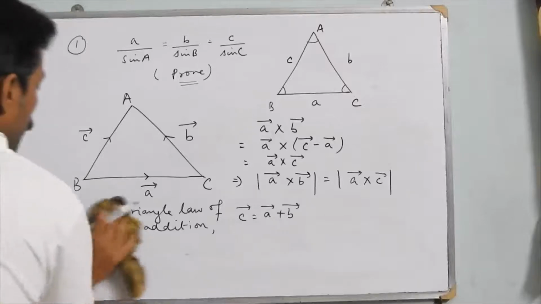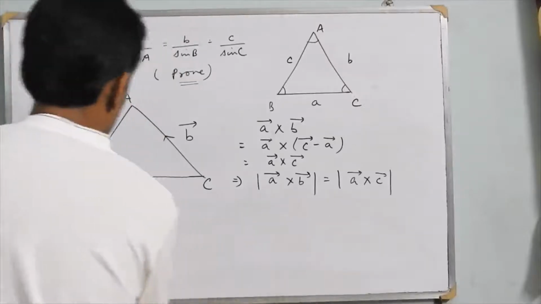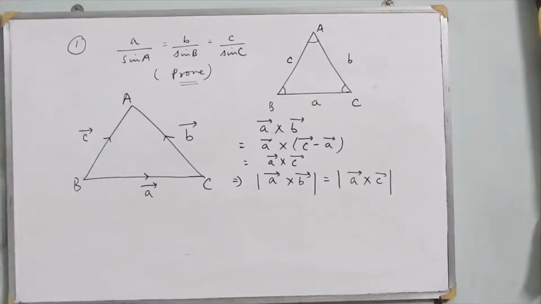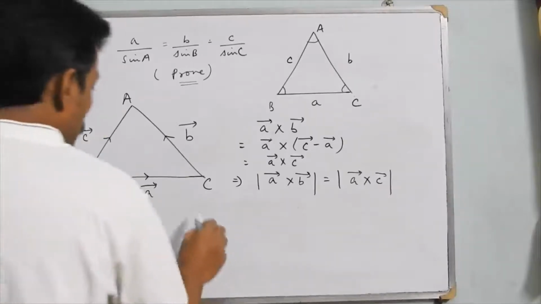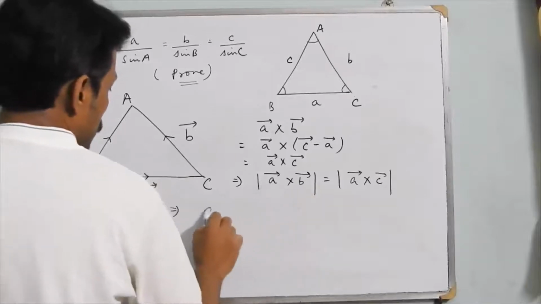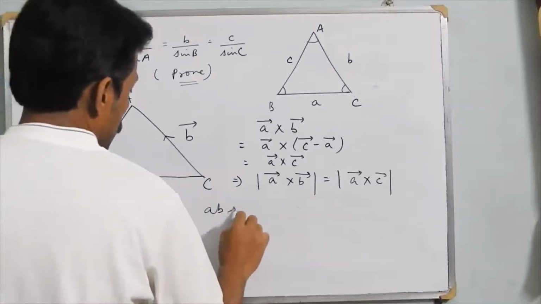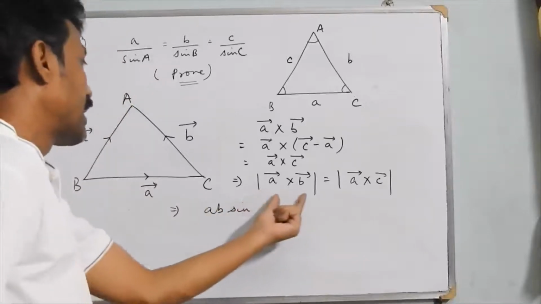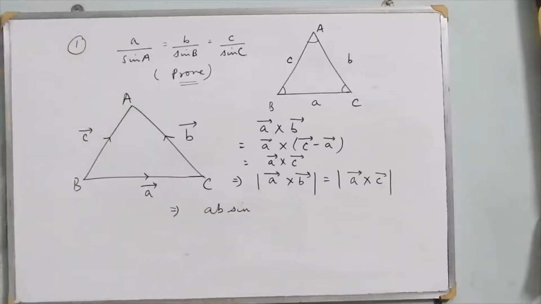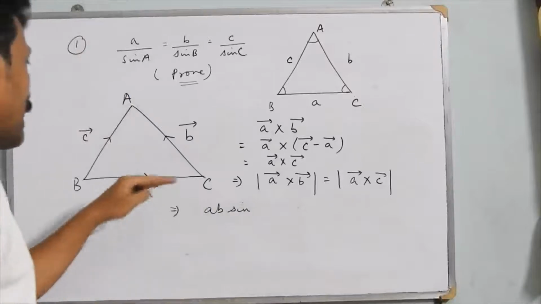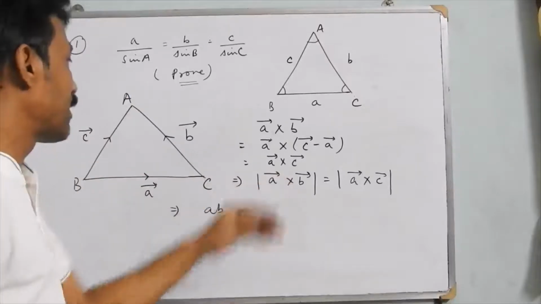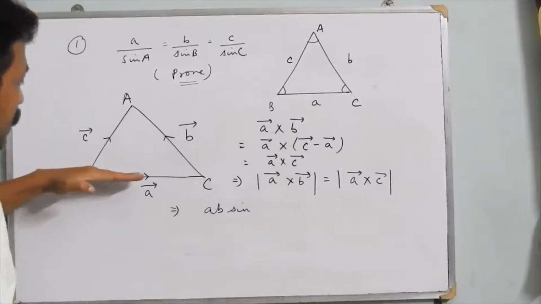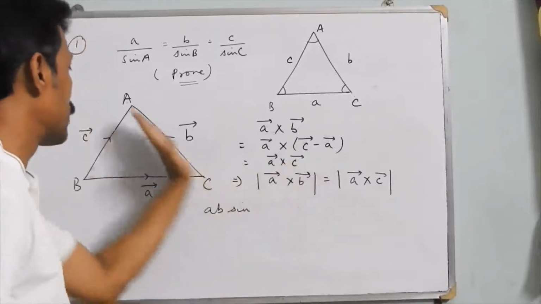Now, what is A cross B? From this triangle, A cross B is AB sin theta. While calculating A cross B, we know that it should be the angle between the direction of A vector and direction of B vector. But you see this figure, A vector is along this direction, B vector is along this direction.